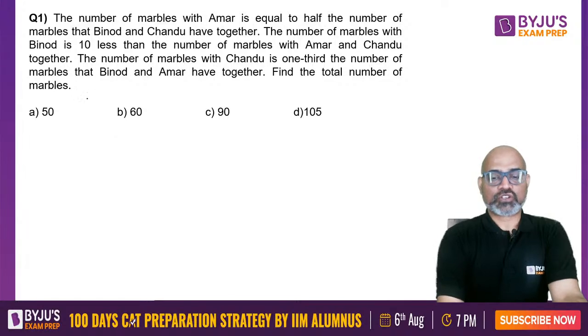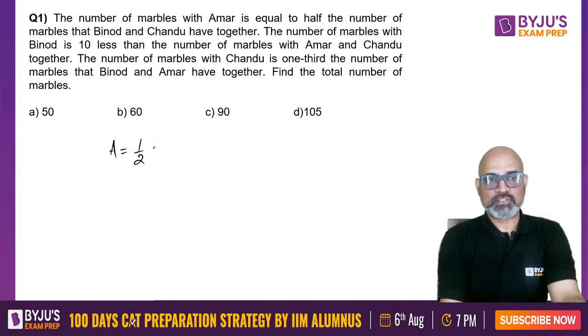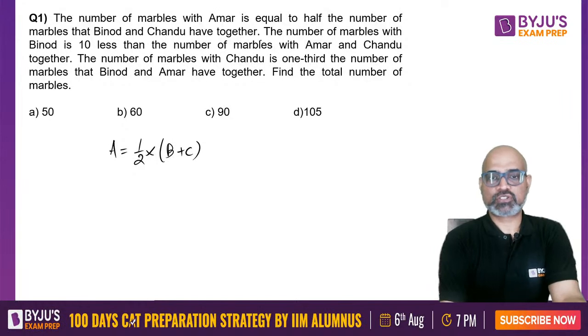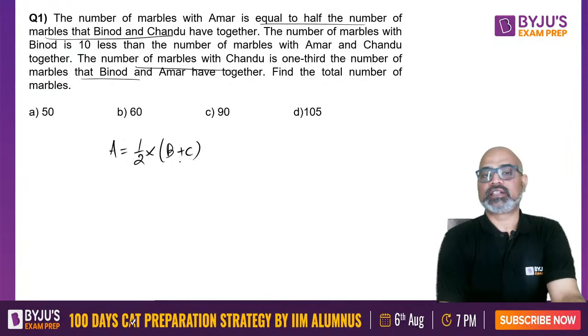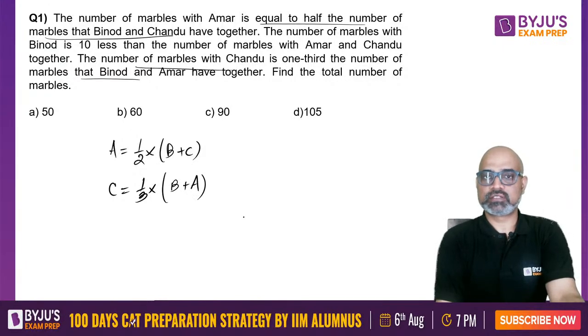Okay. So the number of marbles with Amar is equal to half the number of marbles with Binod and Chandu have together. Right? So I have read the first statement. Then I am going to read the second last statement. The number of marbles with Chandu is 1/3 the number of marbles with Binod and Amar that they have together.